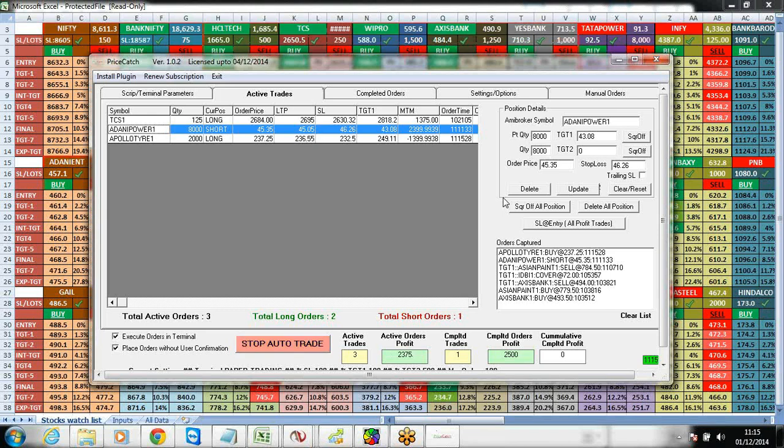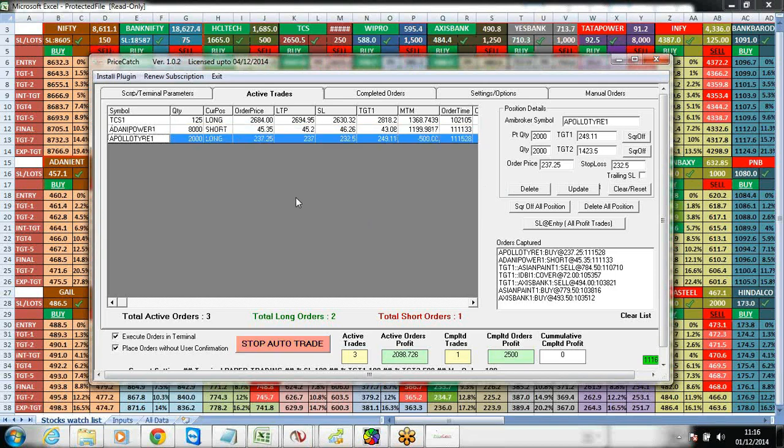You are in a profit of 3,400 rupees, and I will tell you what will be the target for that. You can actually exit now. That's a good profit, considering that it is a short position in a rising market.